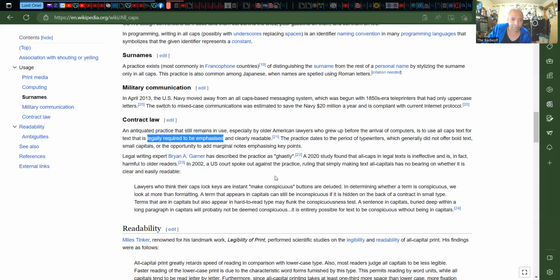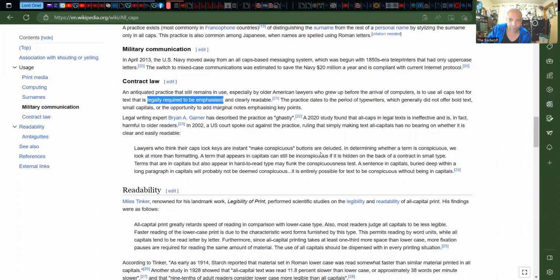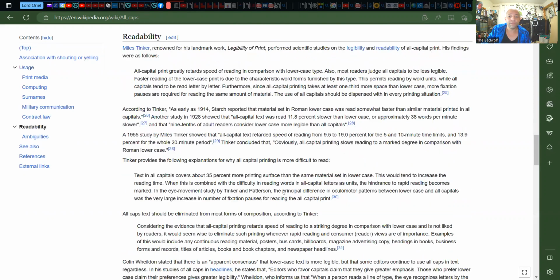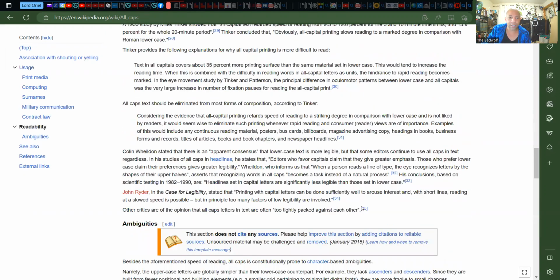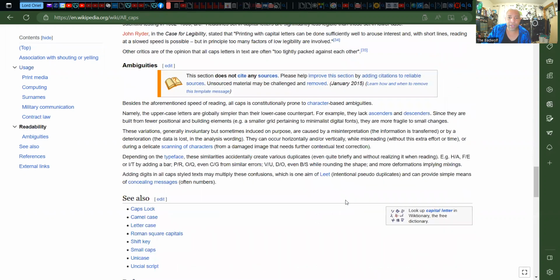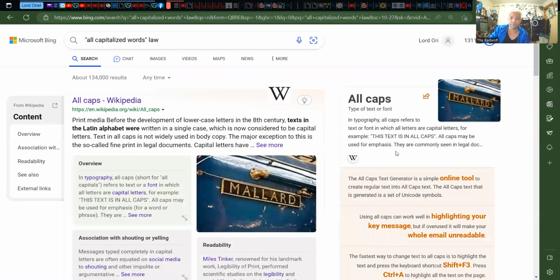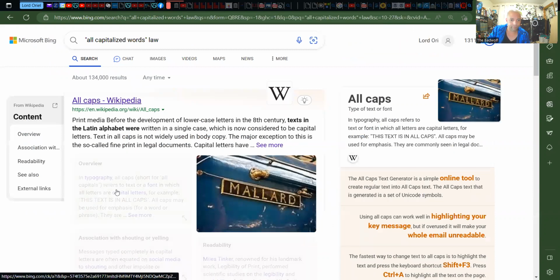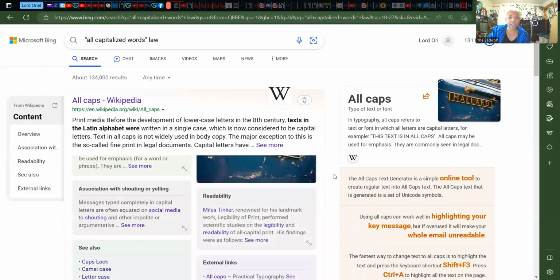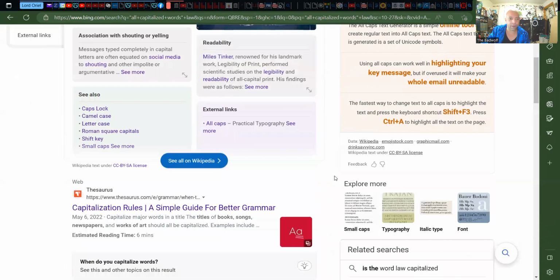So, yeah, okay. I think what it is, is that the law still stands that if you are operating in that jurisdiction, you have to have it in all caps. I've been on the hunt to find where the rubber meets the road for that for years.